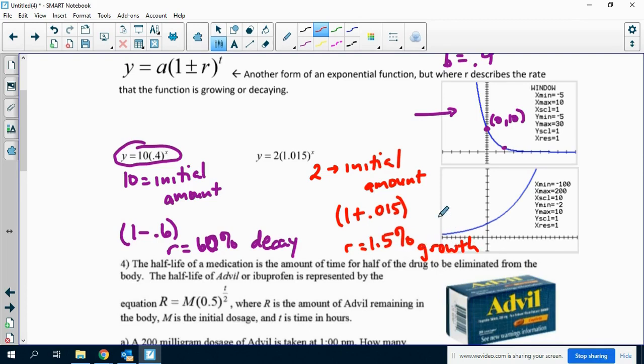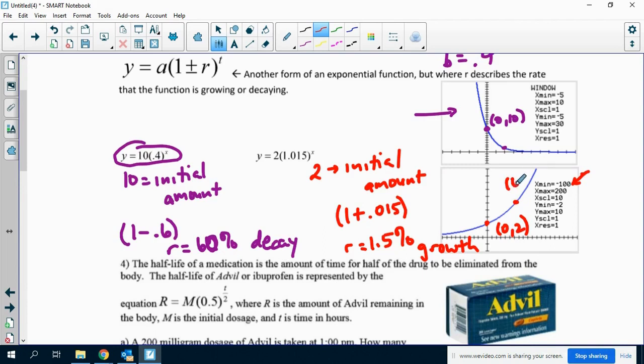So what I'm looking at is I know the point (0, 2) is on the graph. And then as I continue to move up, notice that this window is very spread out. Like the X's go up by 10 and the Y's are going up by 1. So if I just look at, let's say, Y equals 5, the X is at 10, 20, 30, 40, 50, 60, somewhere between 60 and 70.